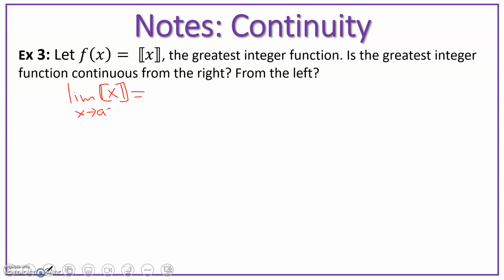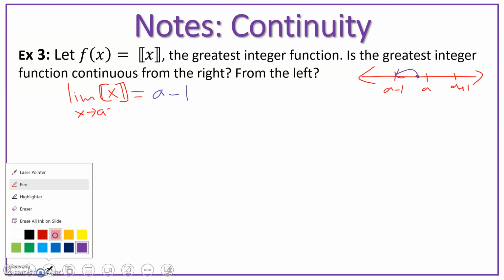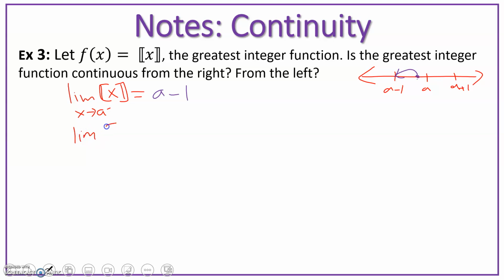If we come at a number left of a, visualize this on the number line. We're at a here, over here we're at the next integer, a plus 1, and over here we're at the next integer, a minus 1. If we're to the left of a, say here, it's going to give a minus 1. Versus, if we do our limit from the right as x approaches a, say to the right of a, like here, it's going to give a.